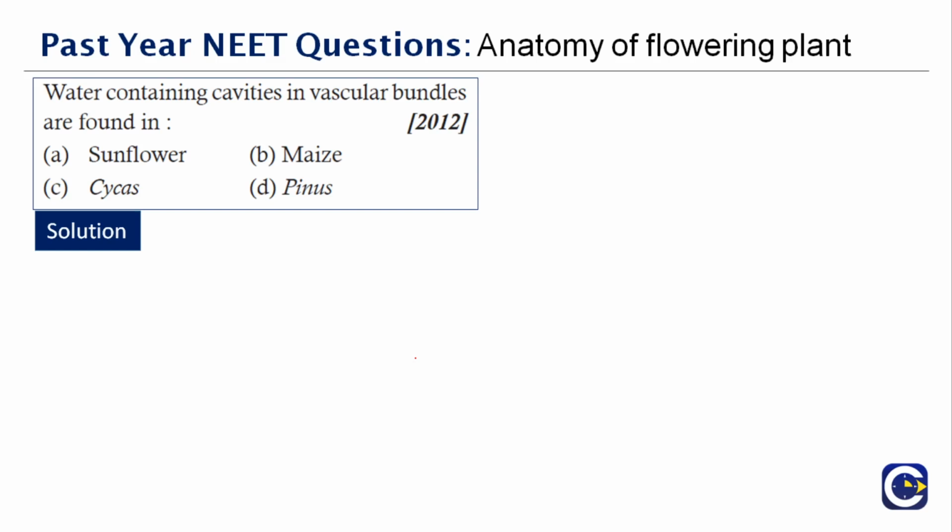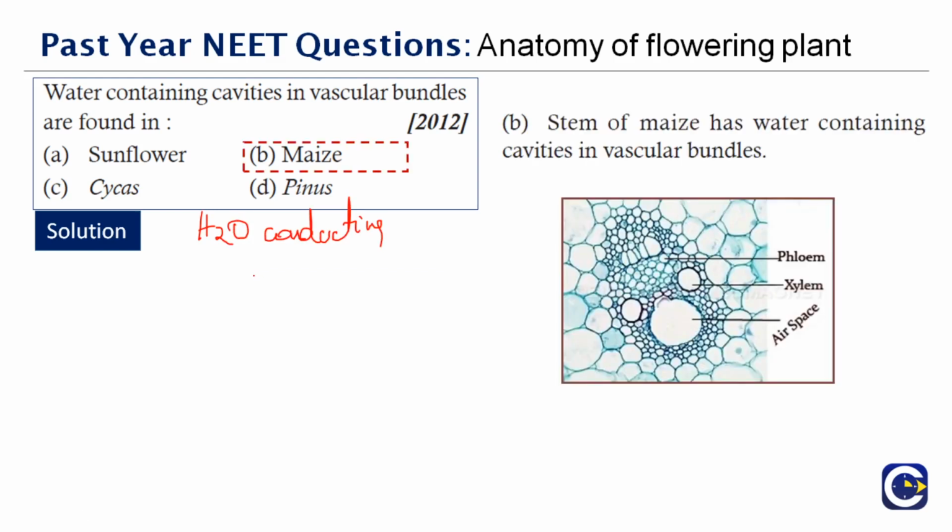Water containing cavities in vascular bundles are actually found in maize. The stem of maize has these water conducting cavities in the vascular bundles. Therefore the correct answer to this question is option B, maize.